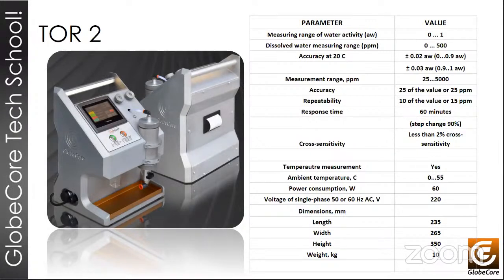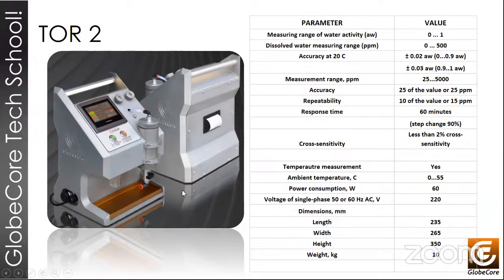Some of the important features of the TOR2 are as follows. Measurement of water content from 0 to 500 ppm. It measures the temperature of oil from 0 to 55 degrees Celsius. It measures the hydrogen dissolved in the oil from 25 to 5,000 ppm. The response time of this device is quite quick, under 60 minutes for hydrogen.